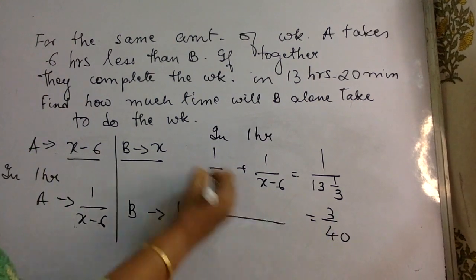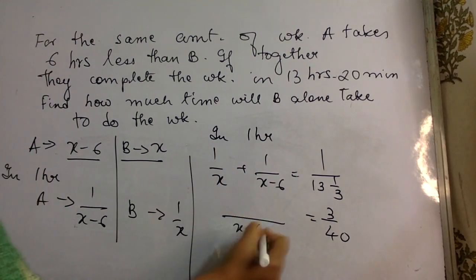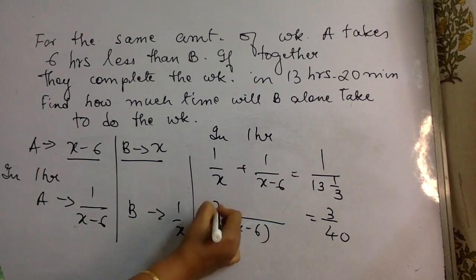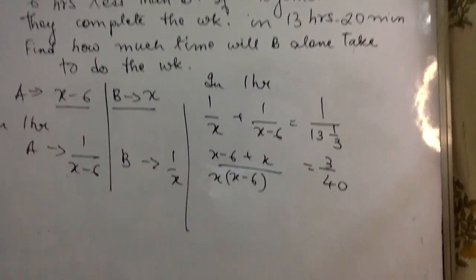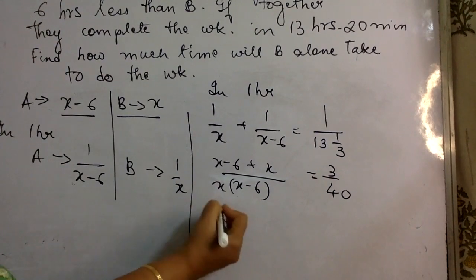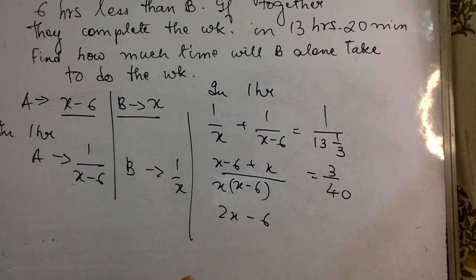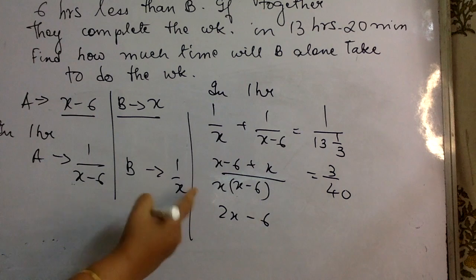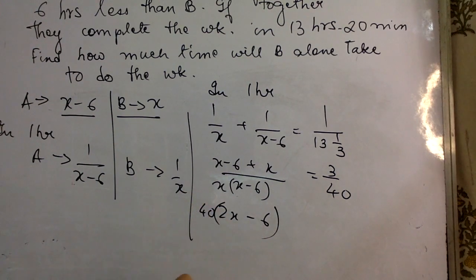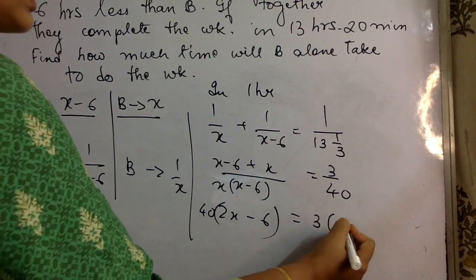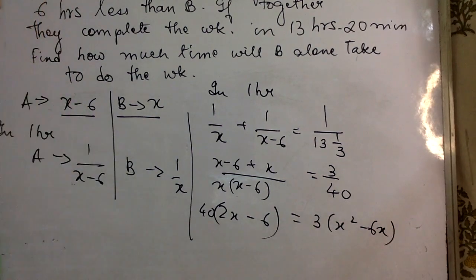Here the LCM is x minus 6 into x, so that is x minus 6 plus x, and that comes to 2x minus 6, isn't it? It is 2x minus 6, and here you take the 40, then this is 3x square minus 18x.